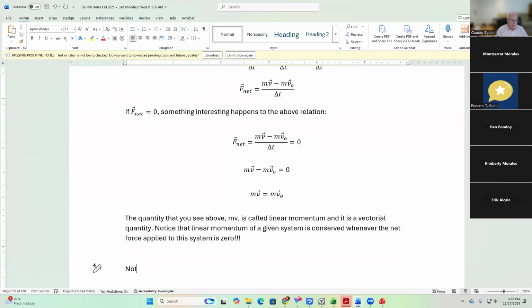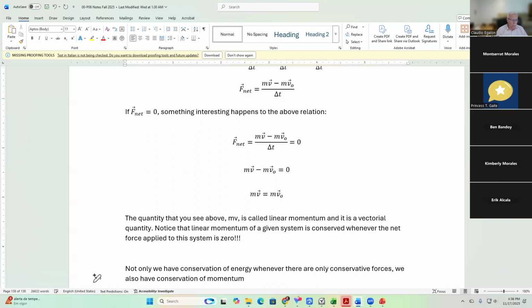So not only do we have conservation of energy whenever there are only conservative forces, we also have conservation of momentum, linear momentum.